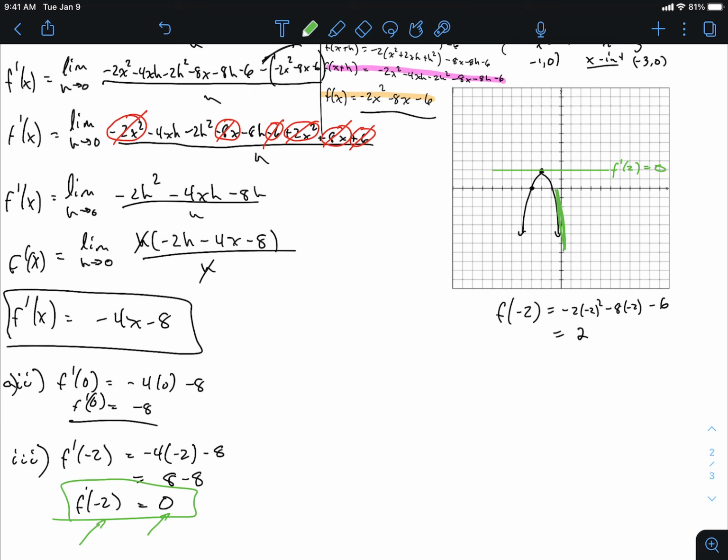How steep, you might say? Well, f prime of 0 equals, sorry, negative 8. And that checks out too, right? Negative 8 makes sense because the slope here looks negative. The graph is going in the downward direction, so the slope better be negative.